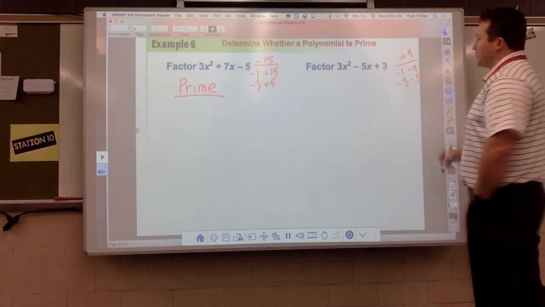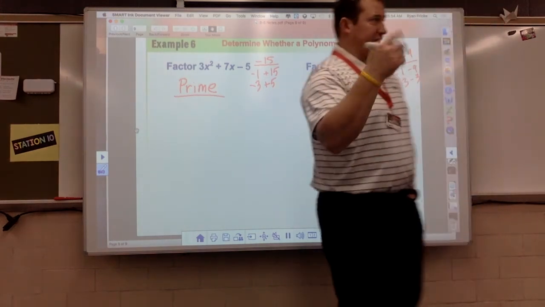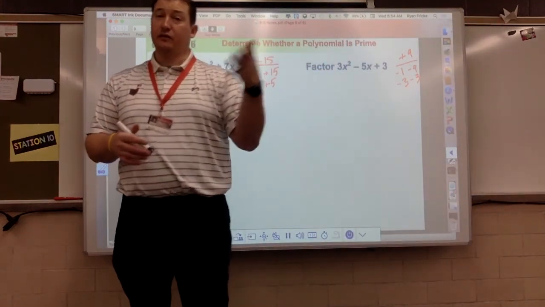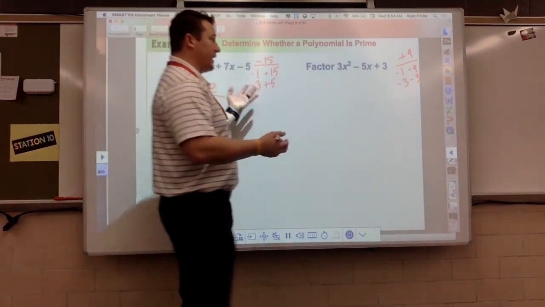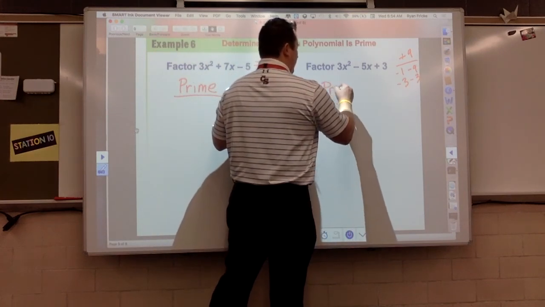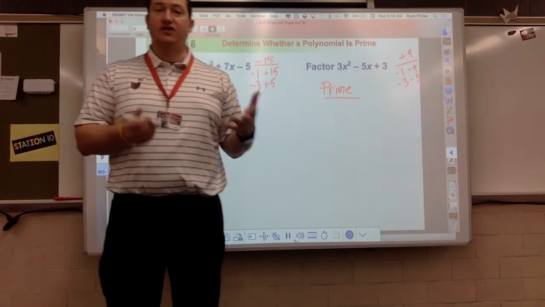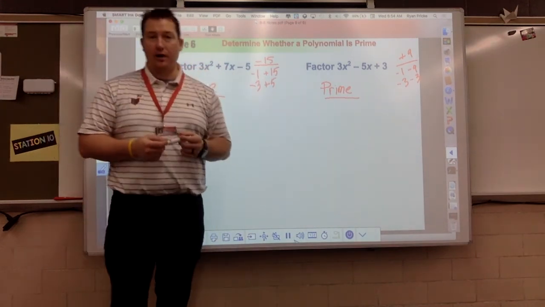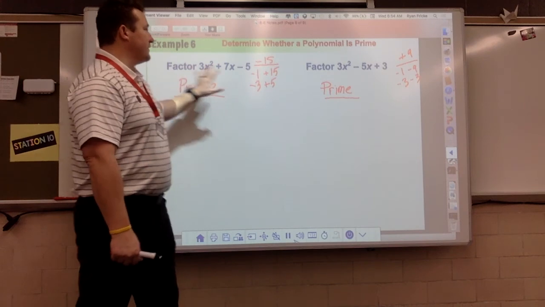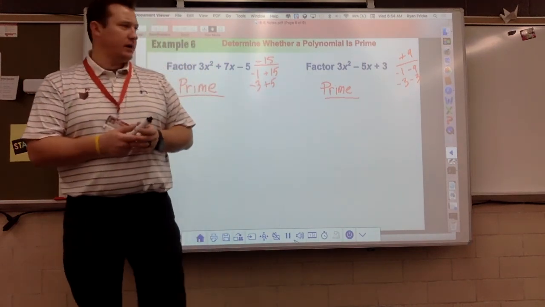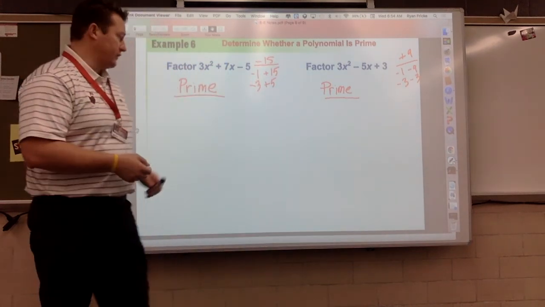Negative 3, negative 3, right, so that would be negative 6. If this was negative 6x, we could factor it, but it's not. It's negative 5x. So once you've gone through all of your factors, right, and none of them match up, that's how we know it's prime, okay? So we'll see these every now and again, right? They'll bebop around and be frustrating because they're there.